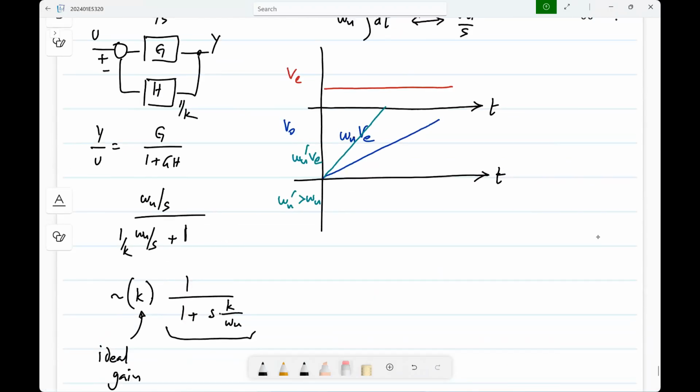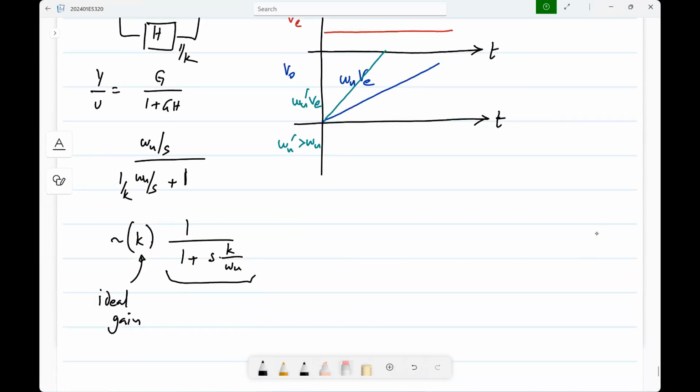So now we'll turn this over in many ways and then see again something you're familiar with. First of all, what will the Bode plot of this look like?